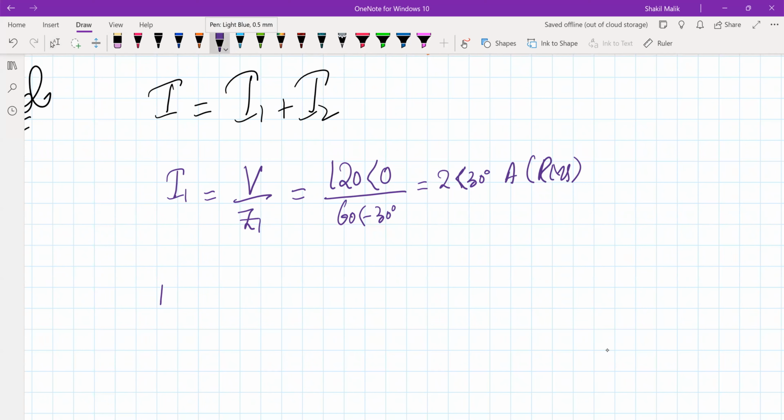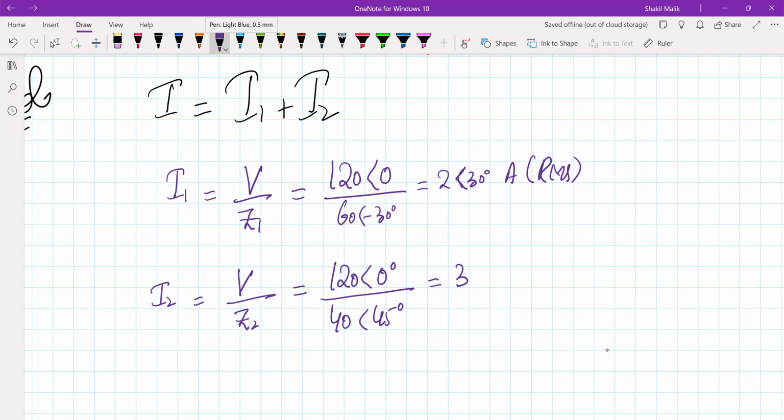Now the current flowing through the second element is again V divided by Z2, because the voltage remains the same. So it is 120 at an angle of 0 degrees divided by 40 at an angle of 45 degrees. That is 120 divided by 40, which is 3, at an angle of 0 minus 45, which is minus 45 degrees.